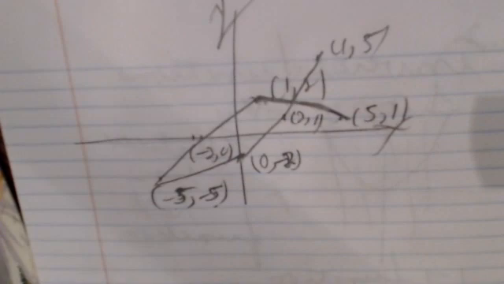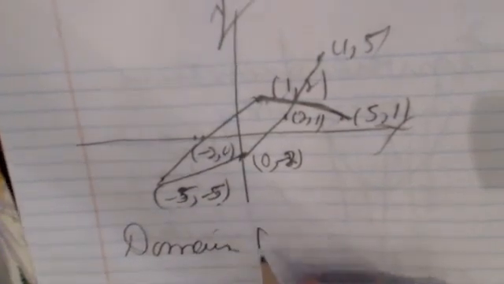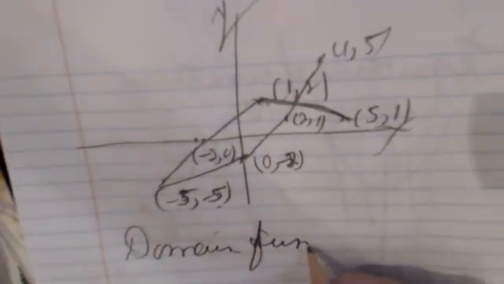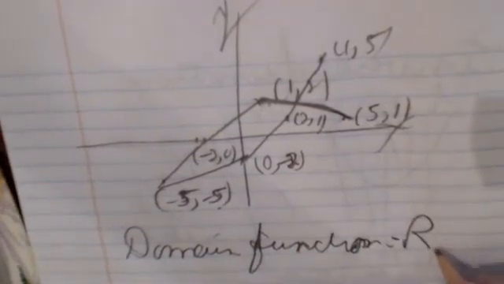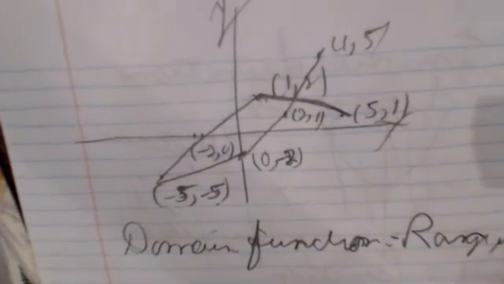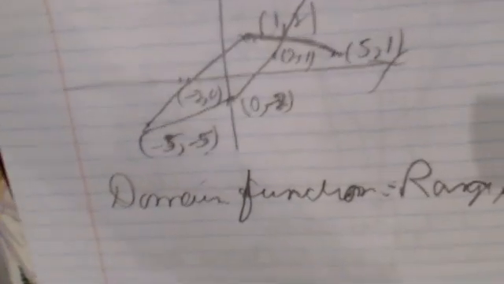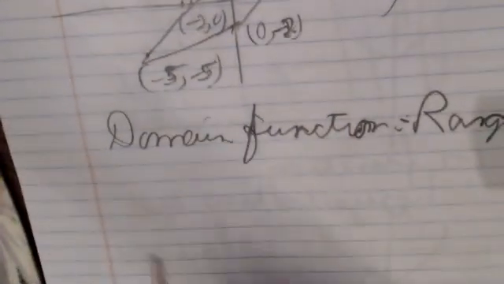Another statement that I want you to put in your notes: the domain of the function equals the range of the inverse. Okay, and I'm going to use that concept to talk about that thing that I said a while ago.